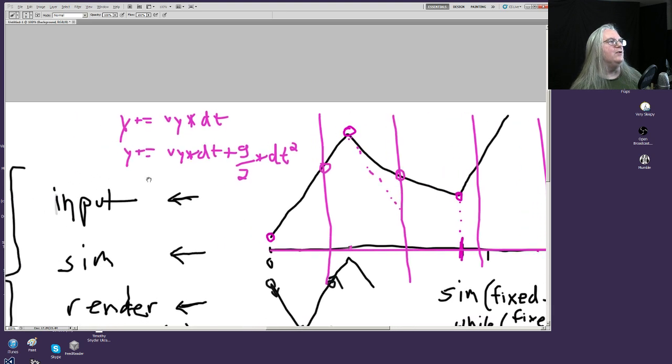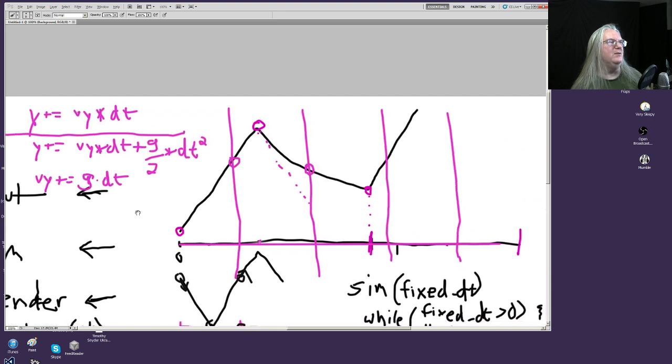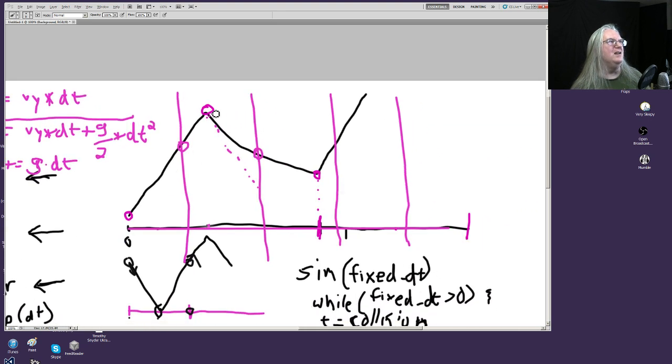A very important thing is that because this is a discrete simulation, at some point you update your vy. So to do this simulation correctly, don't update the vy until after you compute that. And now you say vy plus equals g times dt. And within float precision, this will always produce the exact same parabola, even with different things. Okay, so that was why I was saying about this. We computed along this parabola.